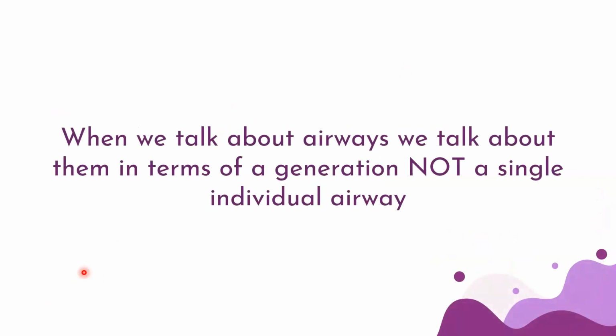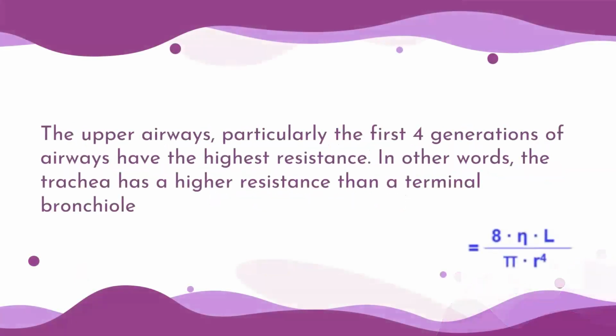The answer here actually is, we'll discuss it, but what you need to remember before we go to that is that when we talk about airways, we talk about them in terms of a generation and not a single individual airway. And what I mean by that is that the trachea actually has a higher resistance than the terminal bronchiole, okay?